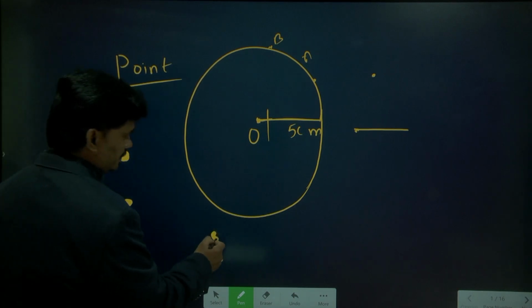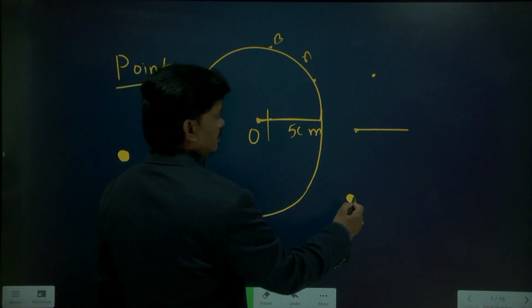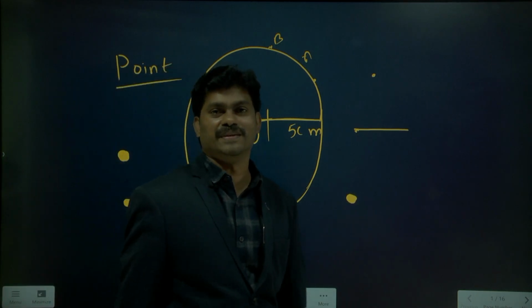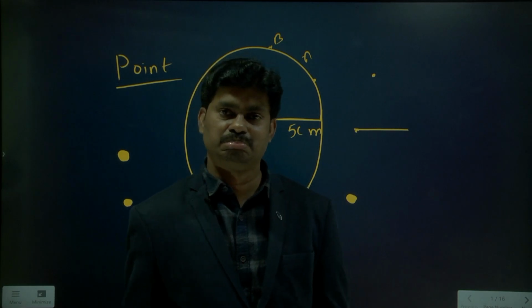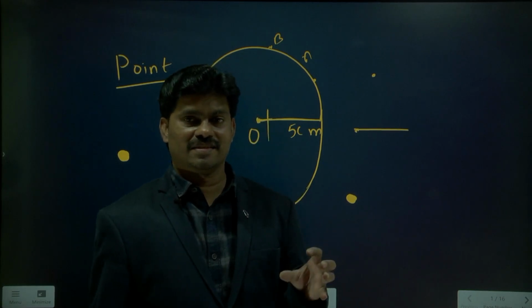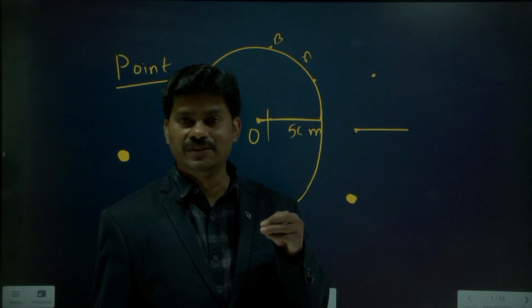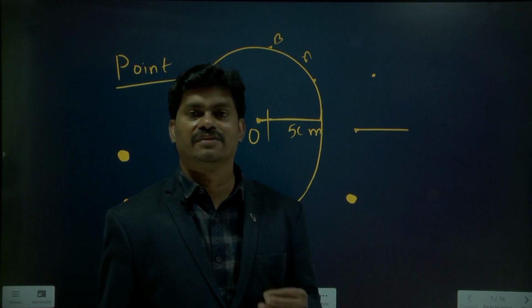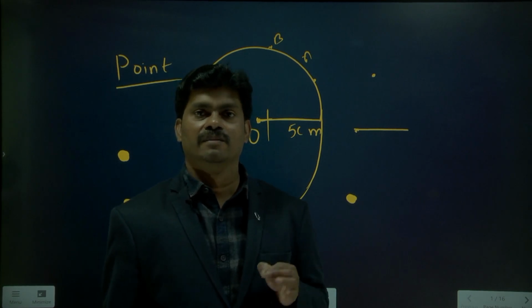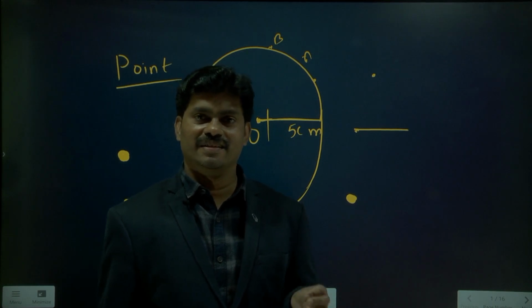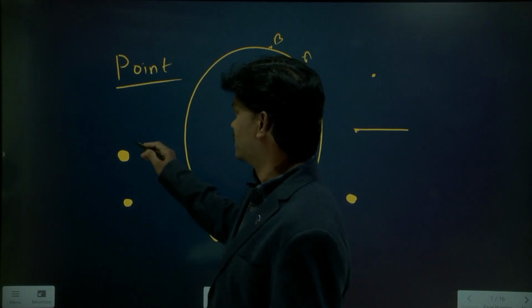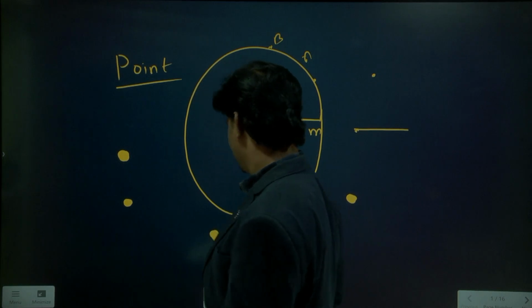I am trying to draw the circle with the radius 0 centimeters, 0 units. I can't draw. Yes, a circle with radius 0 units or centimeters or millimeters is called a point. Okay, that is the point. So this is the best understanding of point.